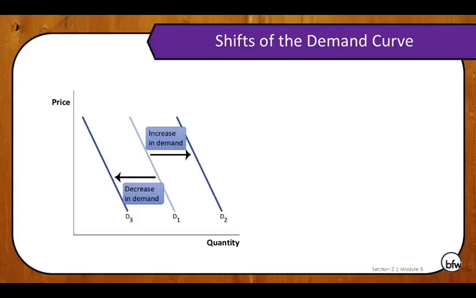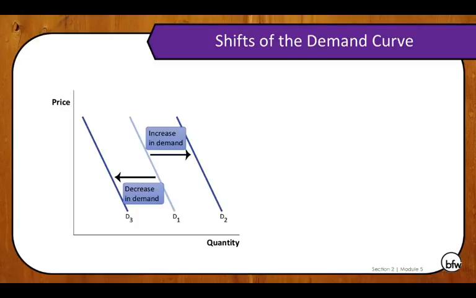And you label the demand curves properly. The original demand curve is labeled D1, the new demand curve would be labeled D2. If you want to show a decrease in demand, then you shift the demand curve to the left, and that is represented as a shift of the curve from D1 to D3 and shows a decrease in demand.